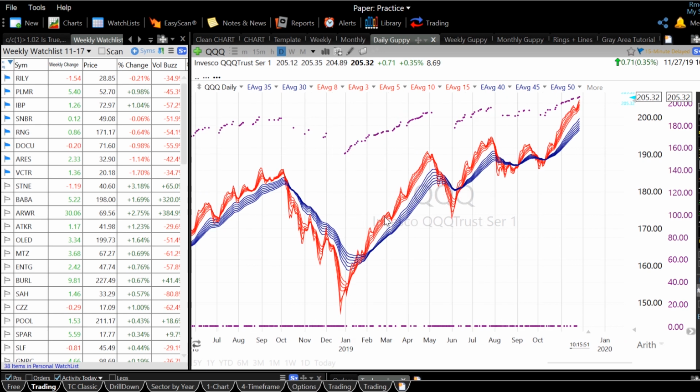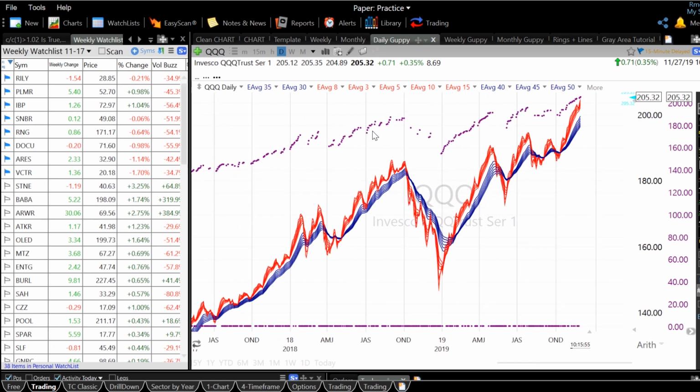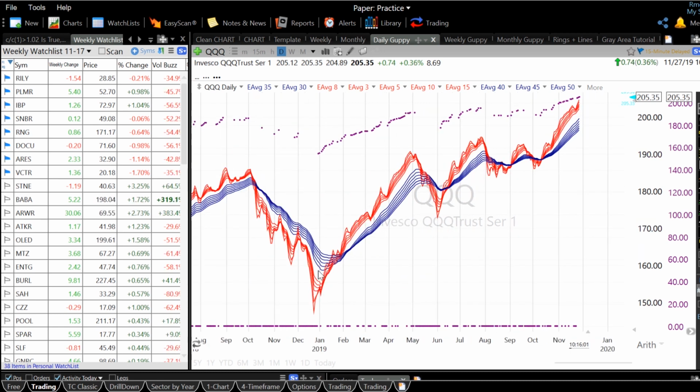So looking at the start of this year, you can see we had a great run up until the later months of 2018, and then we started decreasing a lot, and you can see a lot of the purple indicators go away. But then starting on 12/31, the first purple dot indicator is activated, and this corresponds to when the exponential moving averages in red are quickly moving up and gaining value.